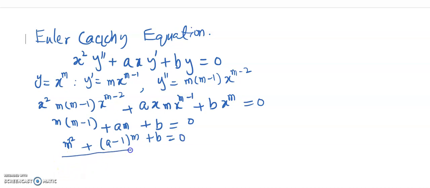This is the characteristic equation. So if we are given any Cauchy equation, we can find this characteristic equation, and then the roots of this characteristic equation will determine the solution of the equation. Let's see it with the help of one example.